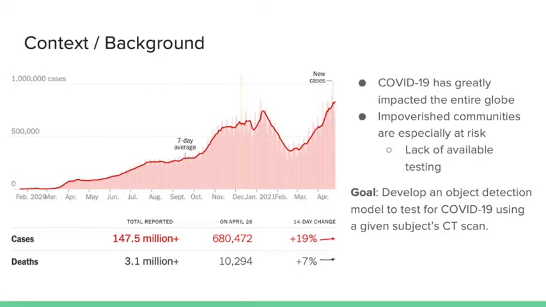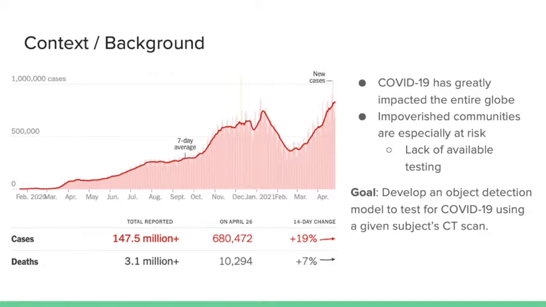So the goal for this project is to develop an object detection model which can successfully determine if a given subject is positive or negative for COVID-19 using data extracted from a CT scan of their chest and lungs. Over the past year, COVID has had a major impact on the entire globe. With over 3.1 million deaths already, this project is important because it's an opportunity to make a real impact on people's lives.